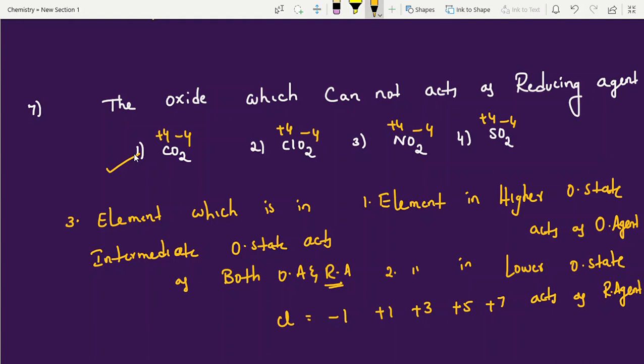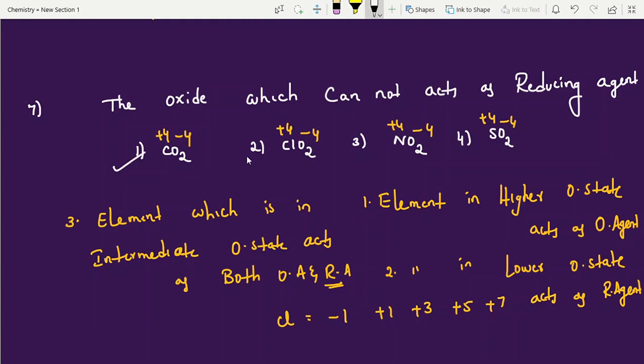Now go through the points and try to give the answer. What is the answer, students? Yes. Correct? CO2. Did you understand my point?